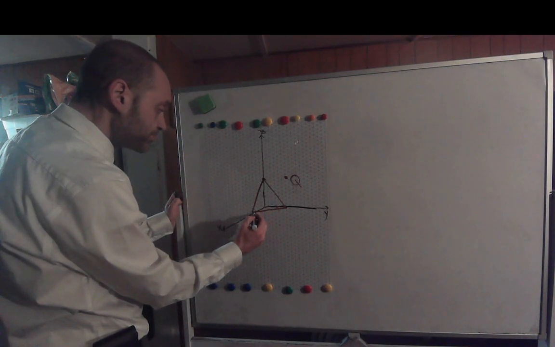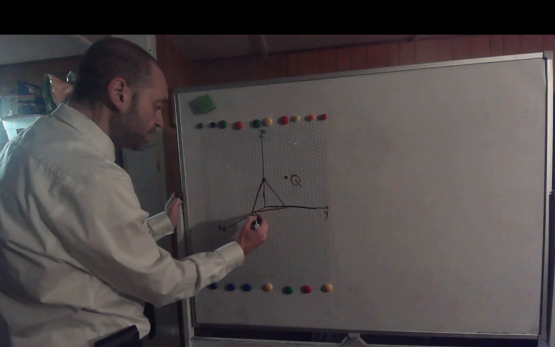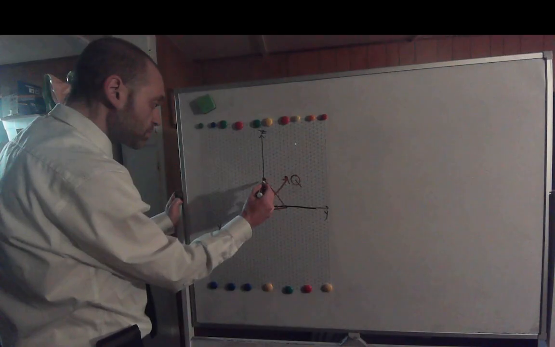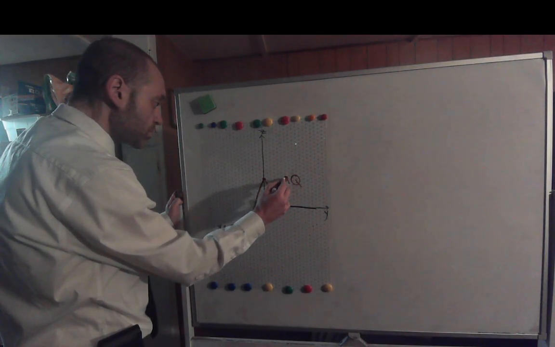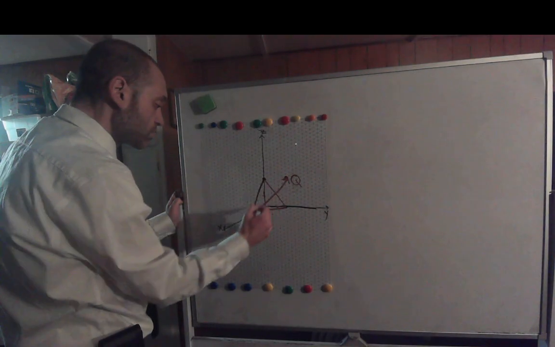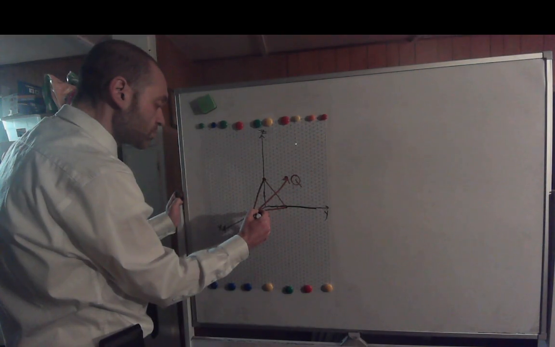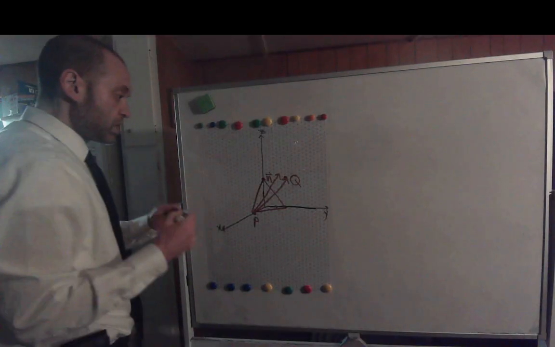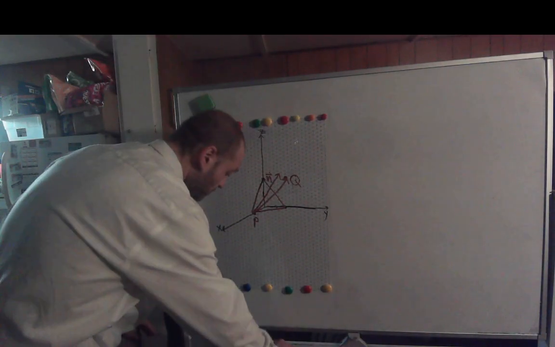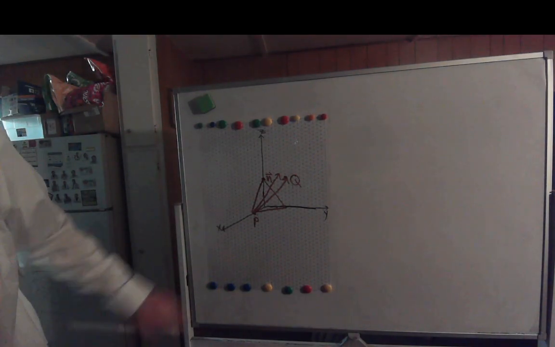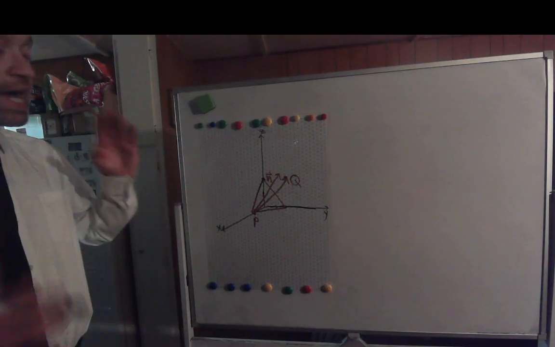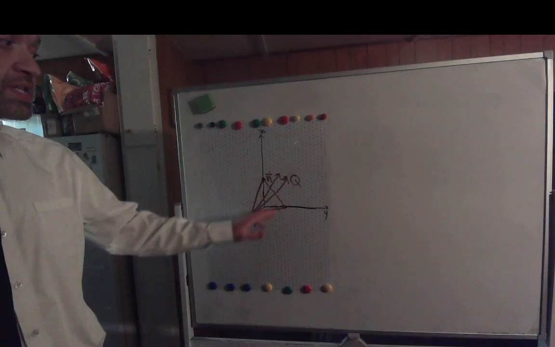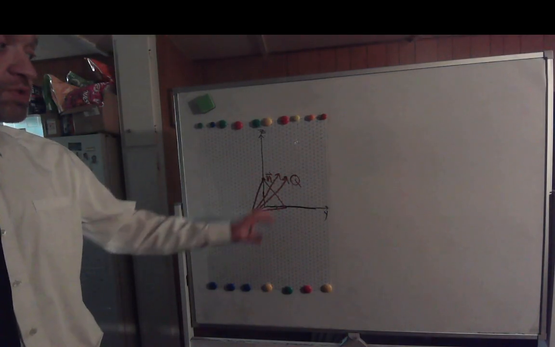Alright, so we'll call that point P. This is all going to make sense in a second here, but the idea is we want to find the distance from some point Q not in this plane to the plane itself.